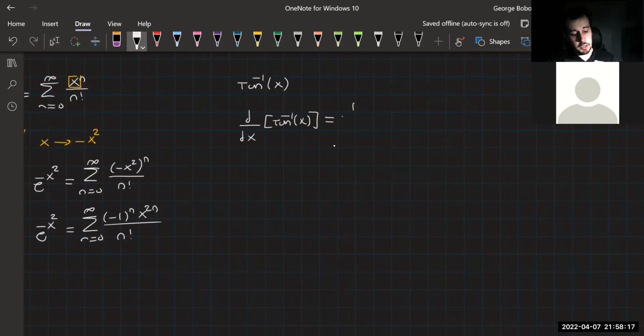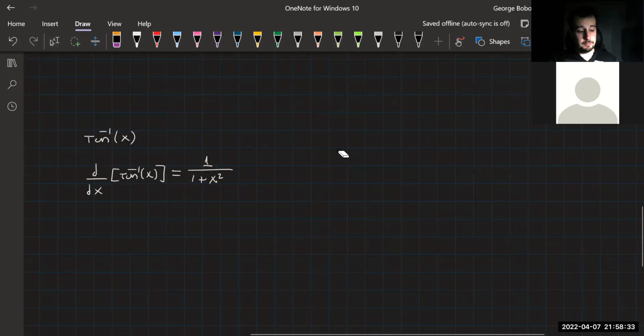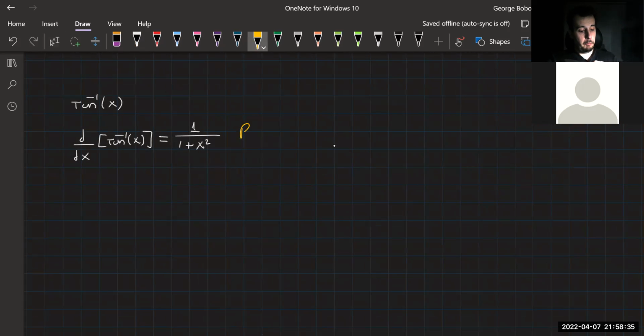It is 1 over 1 plus x squared. And the power series of this I can find. How? By using the building block. This is the building block of all power series.